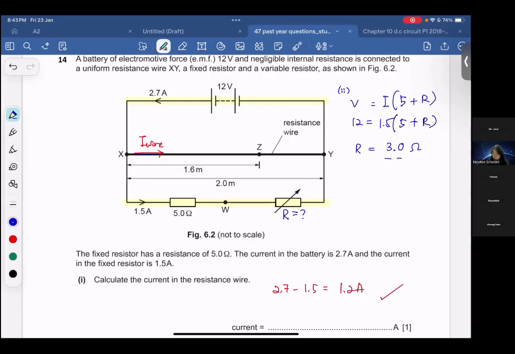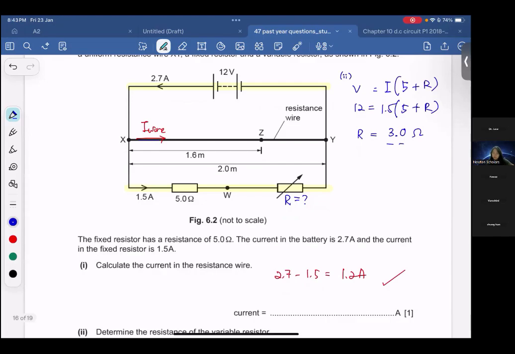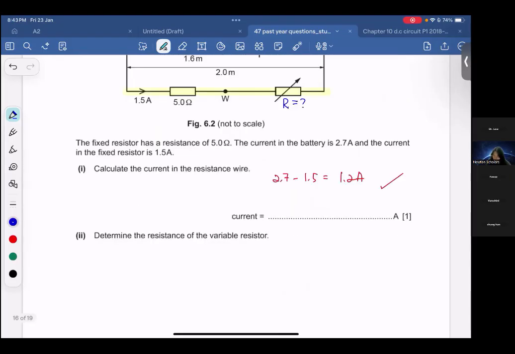Okay, let me look. Fatima, correct. True, 3.0, dear. Okay. Can we proceed to the next? Here, meter length.